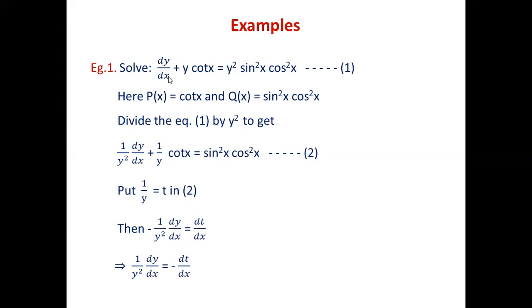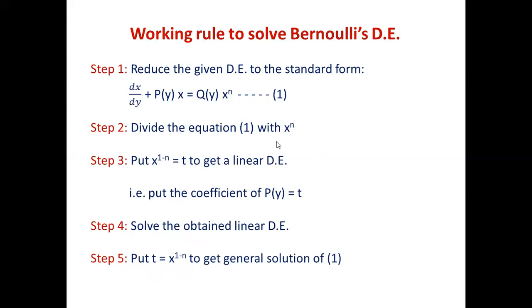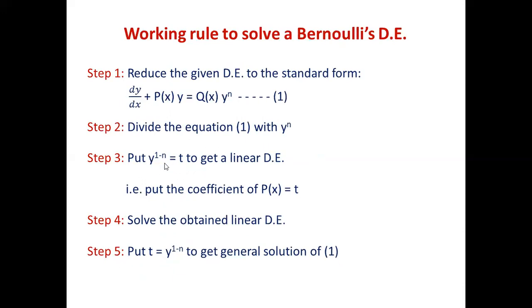Now, in order to reduce this equation to a linear form, divide the entire equation 1 with y square. When you divide the equation with y square, you will get this equation 2. And see here, p of x is cot x. The coefficient of p of x here is 1 by y. So after division, you have to replace the coefficient of p of x by some variable t.